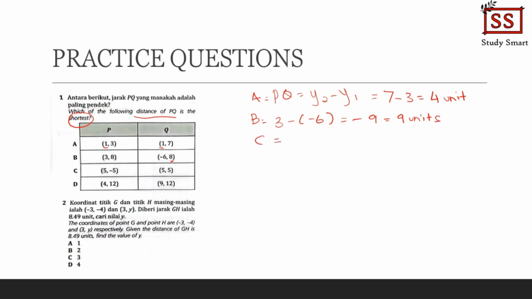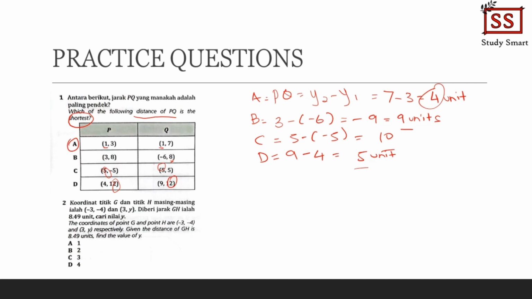Then for C, your x coordinate is similar, so 5 minus negative 5 is 10 units. And then for D, your y coordinate is similar, so 9 minus 4 is equal to 5 units. From here you need to find out which one is the shortest. Of course the answer will be 4 units, so your answer is A.